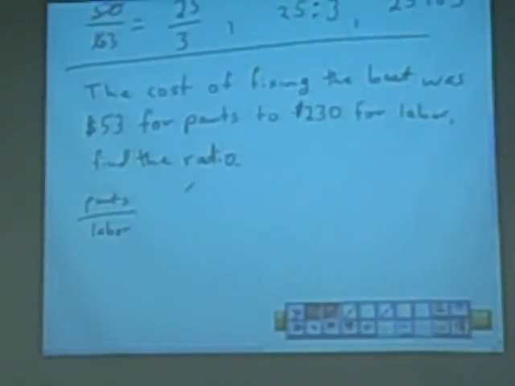Okay, so that means what would go first? 53, right, over 230. Okay, so in this case, we can't simplify that. So you would write this as a ratio of 53 to 230.